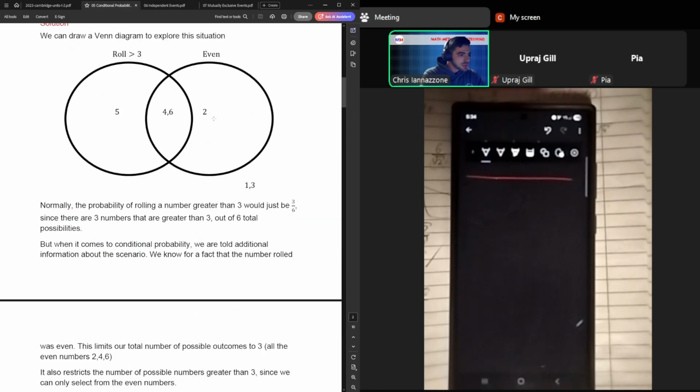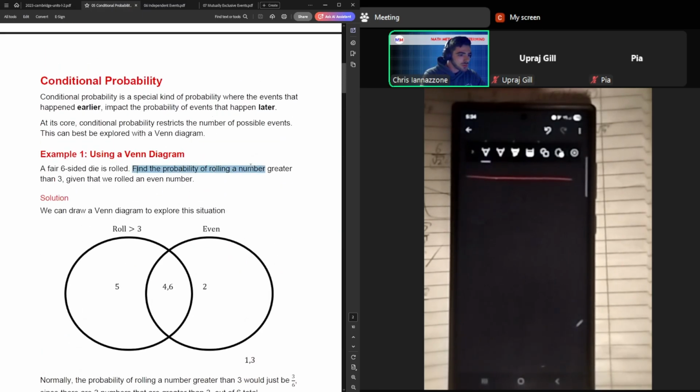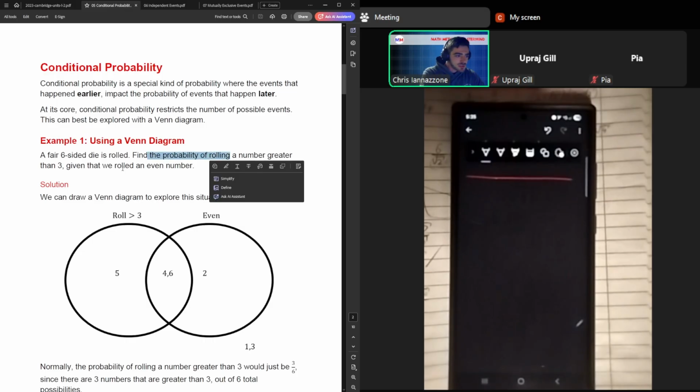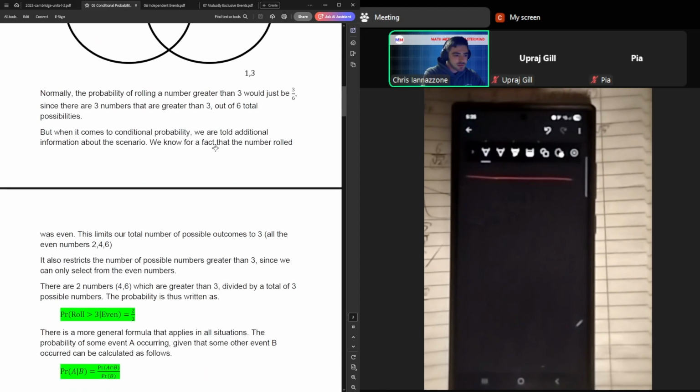This one up here said probability first, given next. So those terms might be written back to front, but it still maintains the case that whatever said immediately after probability is the thing you're looking for. Whatever said immediately after given is the restriction. So even if these are in different orders, you still follow that notation.